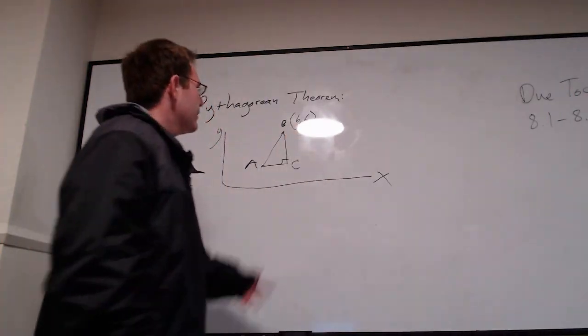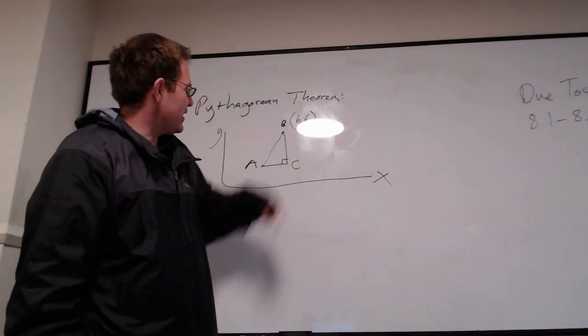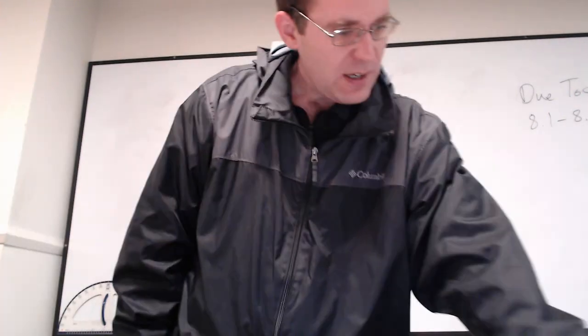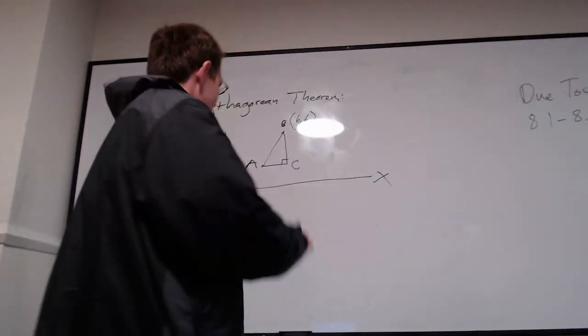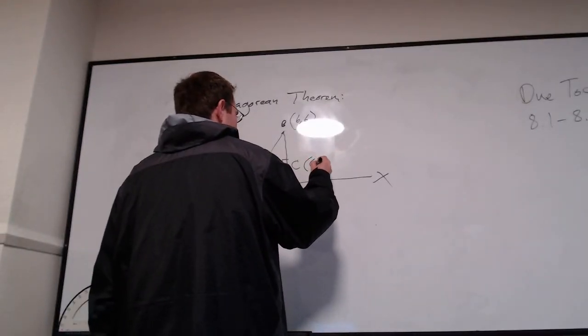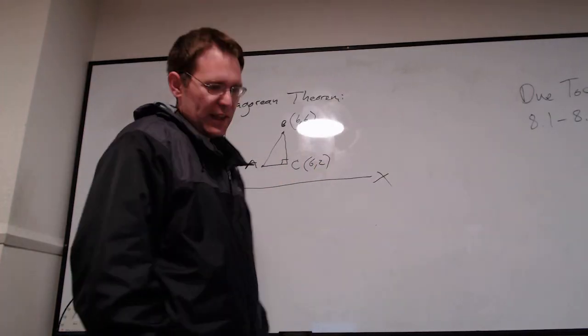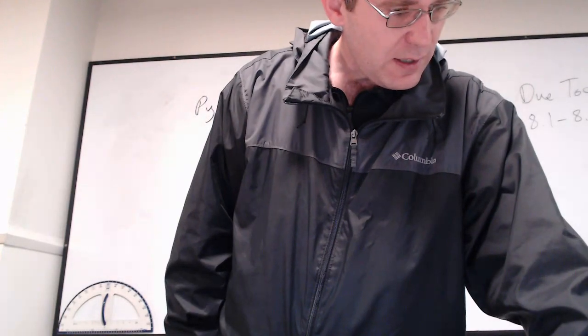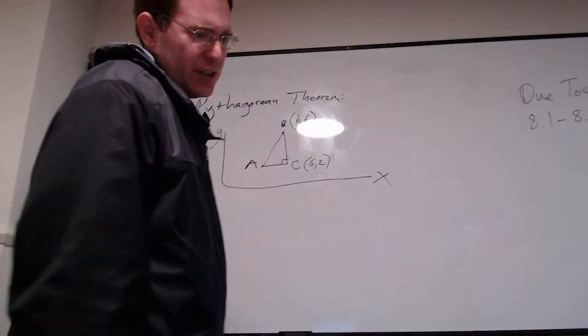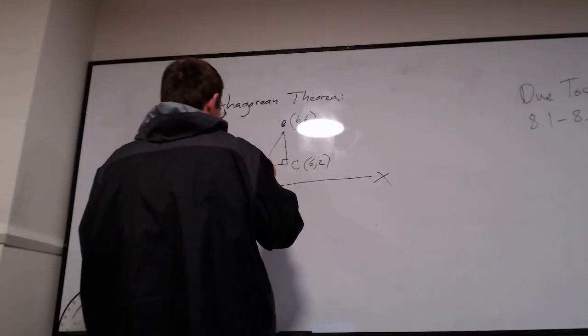So the x value is here, y value is there, right? So 6, 6. C is 6, 2. And then A is 2, 2.